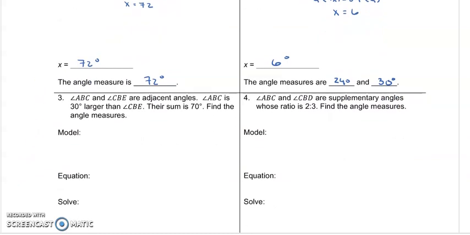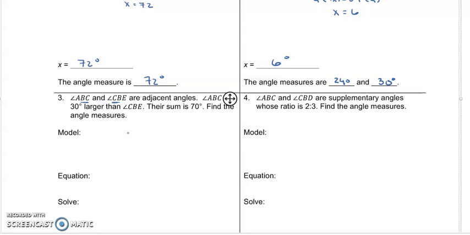Angle ABC and angle CBE are adjacent angles. And I can tell that because they both have that BC going on there. Angle ABC is 30 degrees larger than angle CBE. Their sum is 70 degrees.